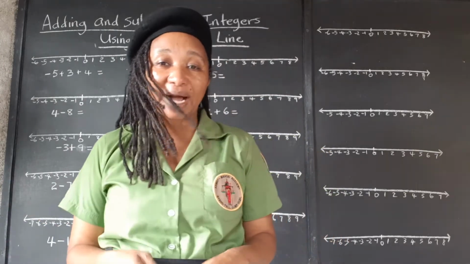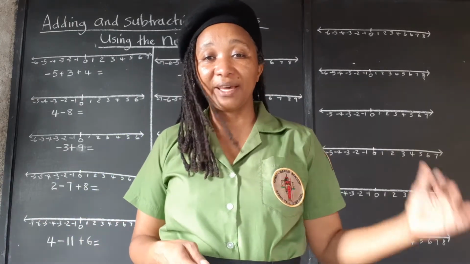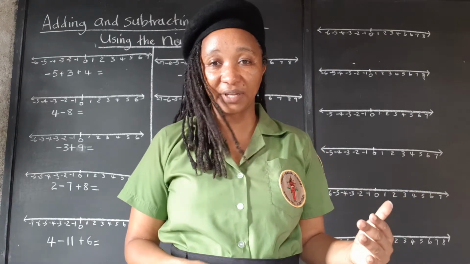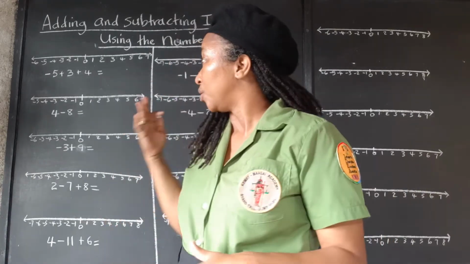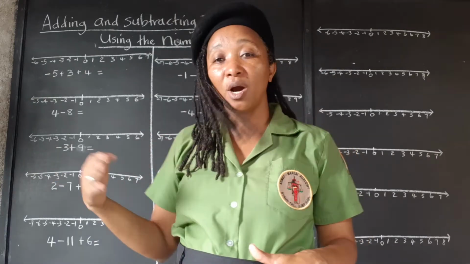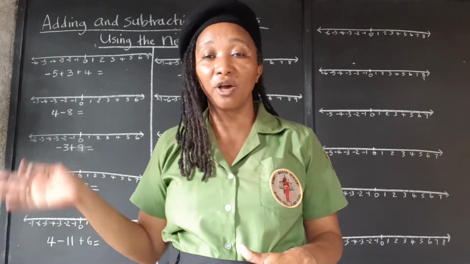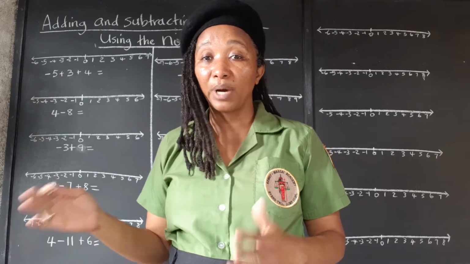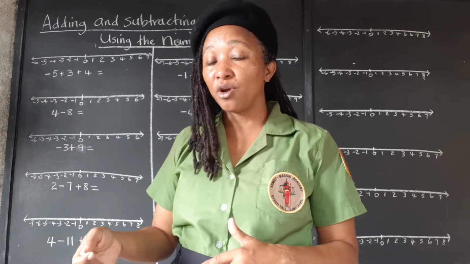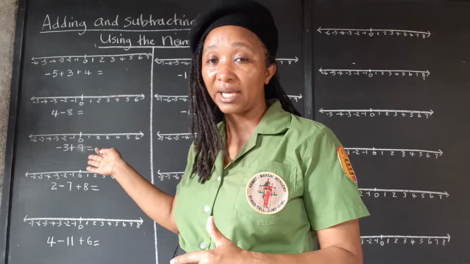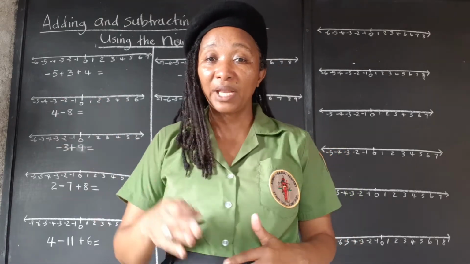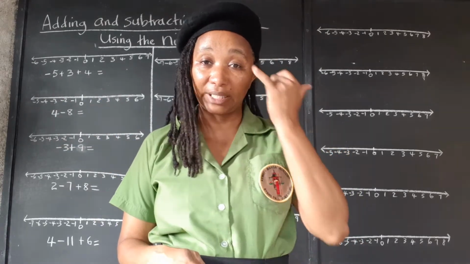When you're subtracting, you move to the left, towards negative infinity. So if you bear that in mind, once you're showing the operation of adding integers on the number line, just remember, start at the number where they're telling you to start, and keep moving to the right if you're adding. Keep moving that many places to the left if you're subtracting.